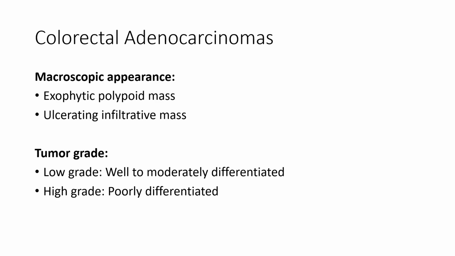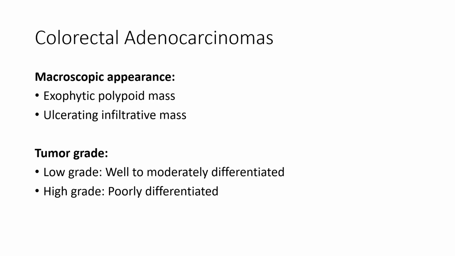Colorectal adenocarcinomas have a variety of macroscopic or gross appearances. They can be a polypoid or exophytic mass bulging into the lumen, or you can have a mass with central ulceration and rolled edges, and it infiltrates deeply within the wall.